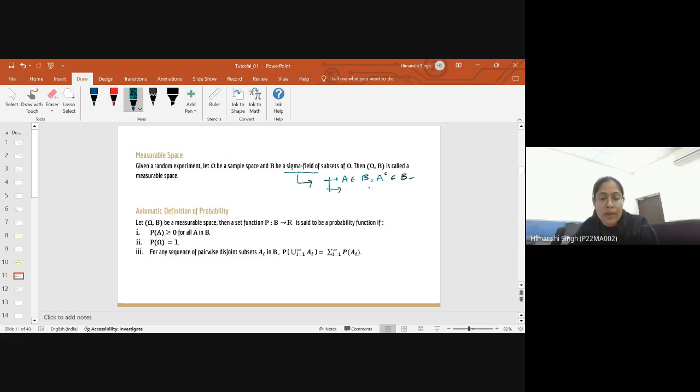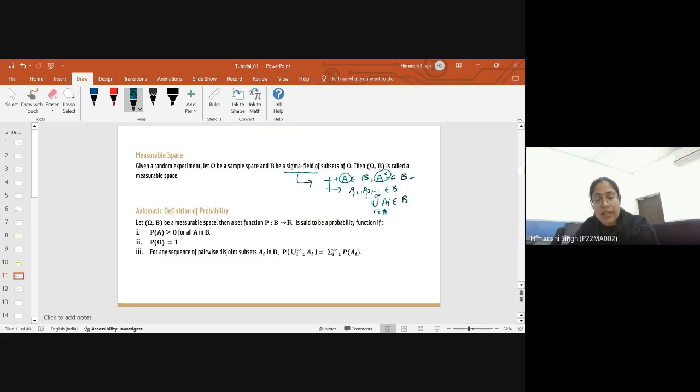And it was also considered that for A1, A2, and so on in B, their countable union is also in B. So for any event, the complement of that event is also in B, and if I'm considering a sequence of events, then their countable union is also in B.